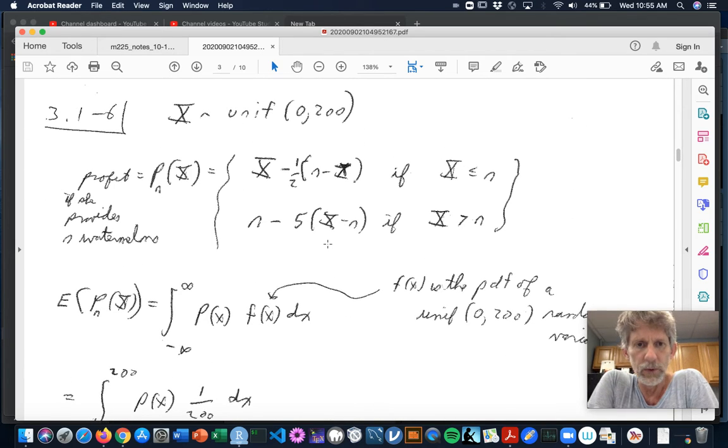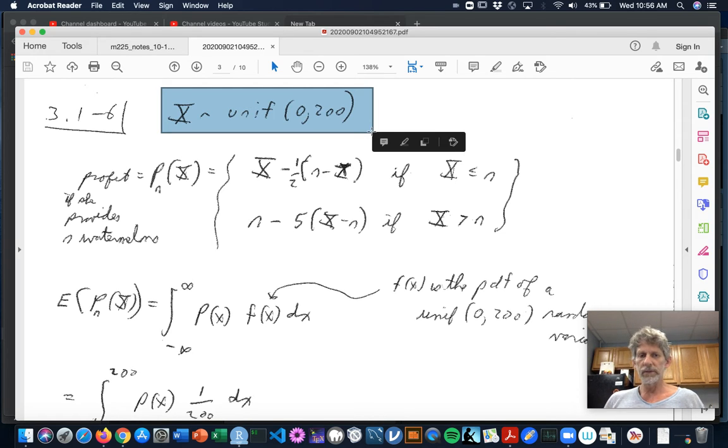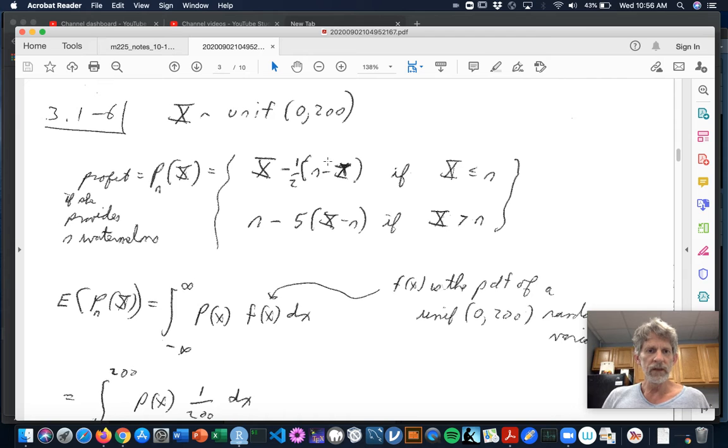Number 6 from 3.1. So this is the one about the expected profit for the watermelon dealer, okay? And the number of people who want watermelons is approximately a uniform random variable between 0 and 200. And we worked in class on the profit that she would make as a function of how many people want to buy watermelons, and it was this piecewise defined function.